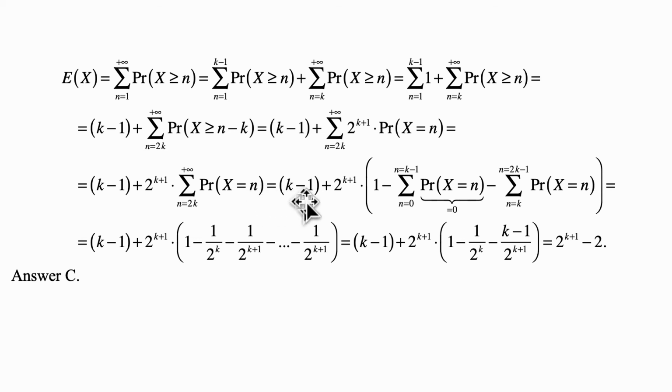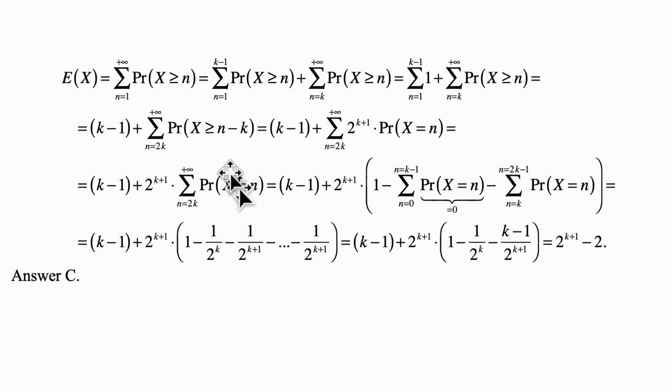Okay, that's k minus 1 plus 2 to the k plus 1 times 1 minus the probabilities that x is equal to n from 0 to 2k minus 1, really, because we take out 1 minus everything that is before where we start here, basically.